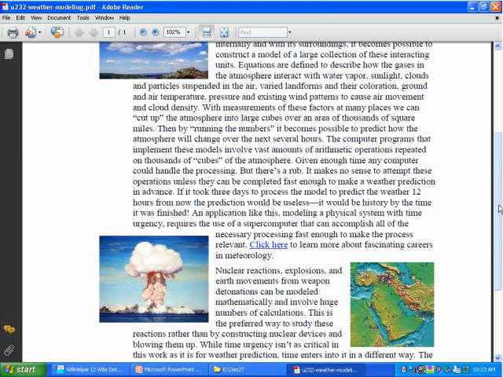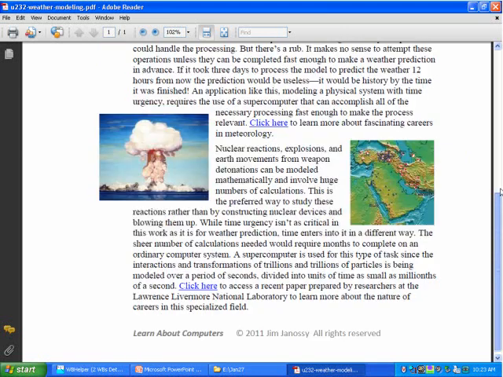But he has access to information produced by meteorologists who then make these predictions based on the kinds of powers of these computers that we've been talking about. Now, another type of scientific application of supercomputers is modeling things like this rather ominous mushroom cloud here, nuclear reactions and explosions.